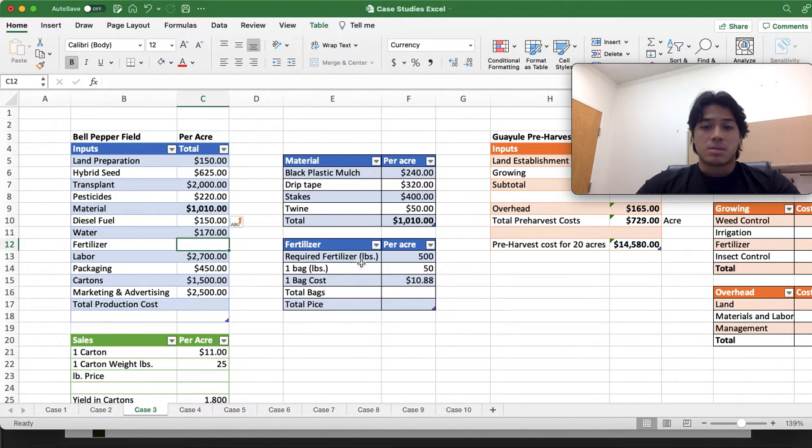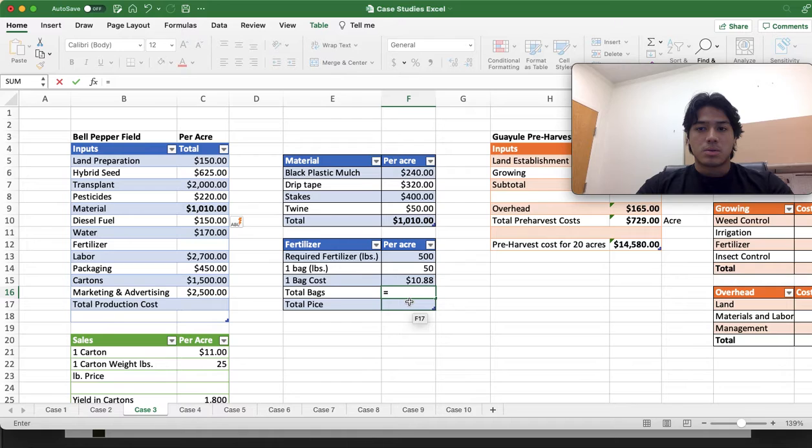It's pretty much easier. And then here's a bit different because for the bell pepper field the fertilizer required is 500 pounds per acre. The bag has 50 pounds, and this is the cost of every bag. So in order to get the total bags, it's 500 divided by 50.